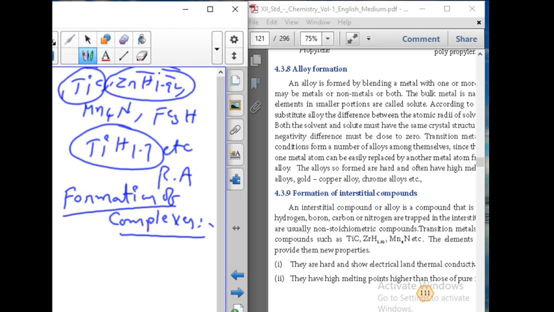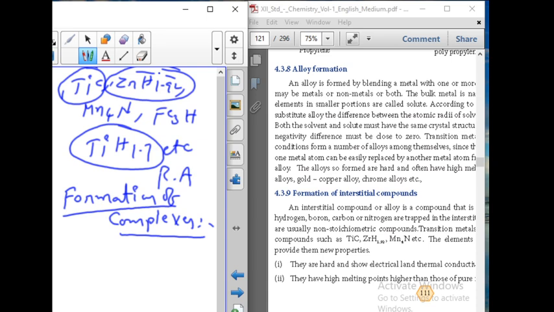You are seeing the hemoglobin structure, it's a very big diagram, and in that hemoglobin structure the central metal atom is iron. Vitamin B12 also has a very big diagram. We are not able to draw it because it is a very big, complicated, complex structure. There the element is cobalt. So d block elements have another important property, that is formation of complexes.